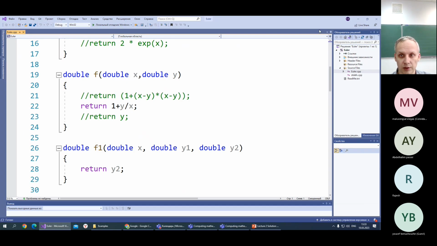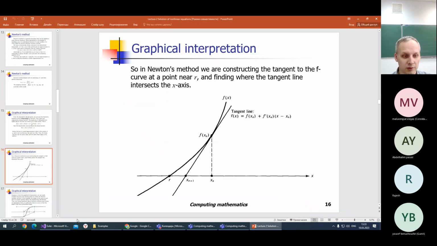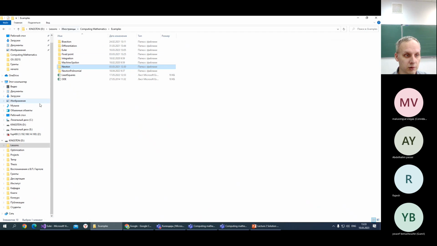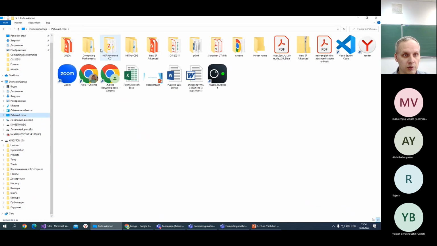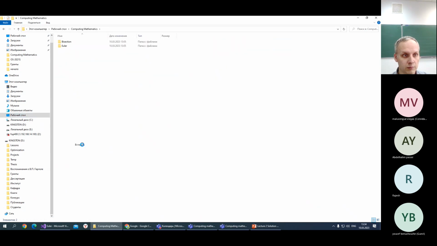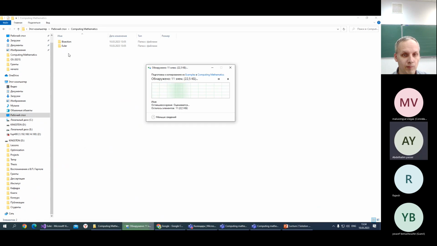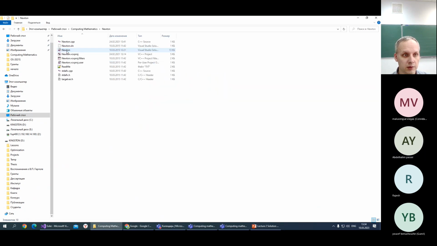Not Euler method, but Newton method. I open another solution. Let me open now another solution, Newton method.